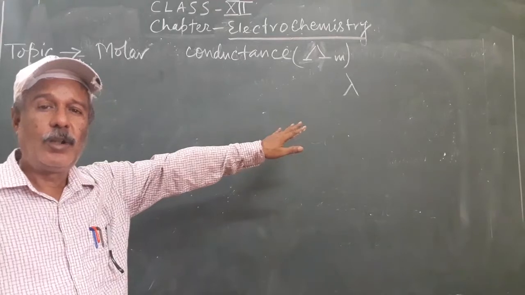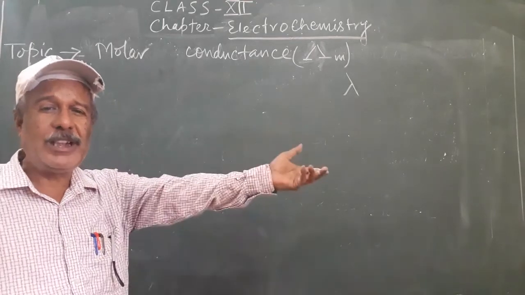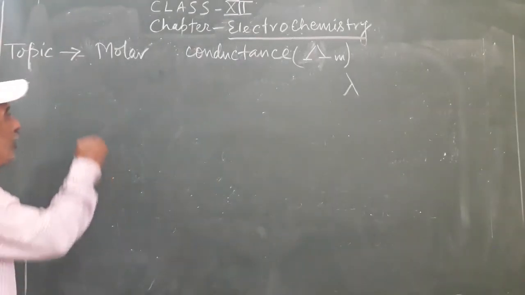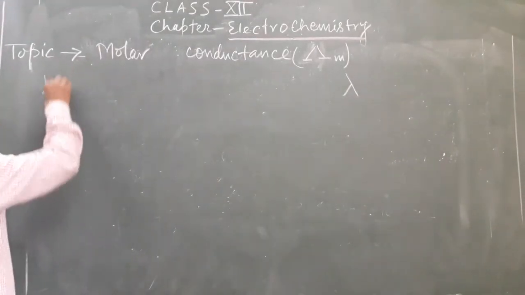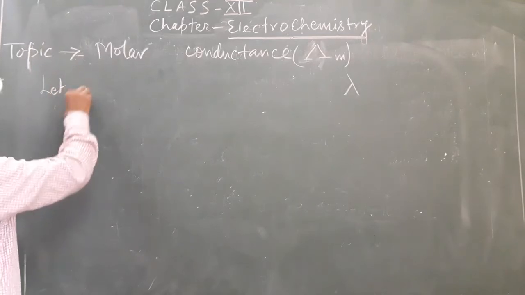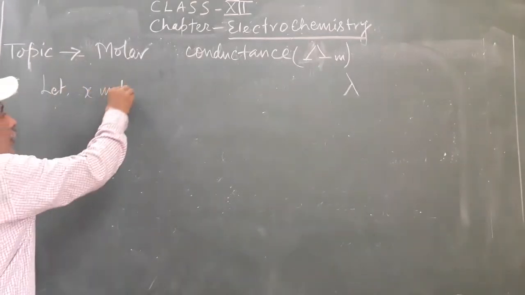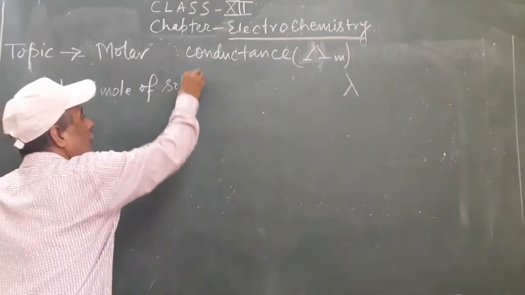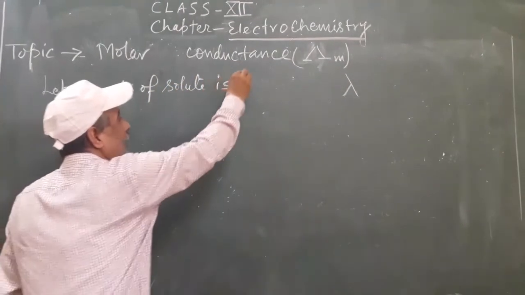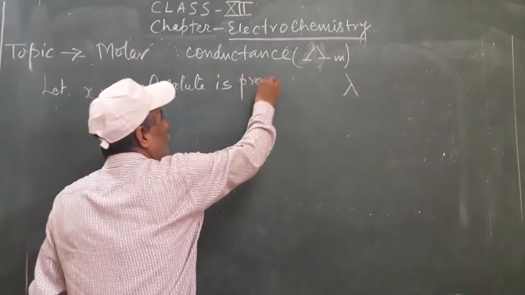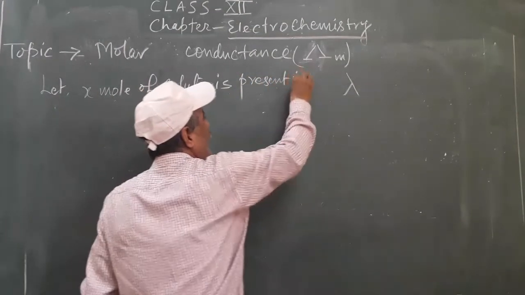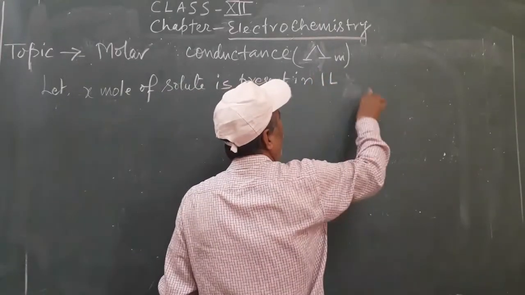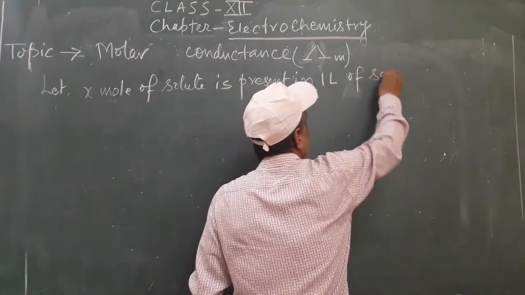Correct? So all the time we don't have a solution in which 1 mole is dissolved. So what we will do? Suppose x mole of solute is present in 1 liter of solution.